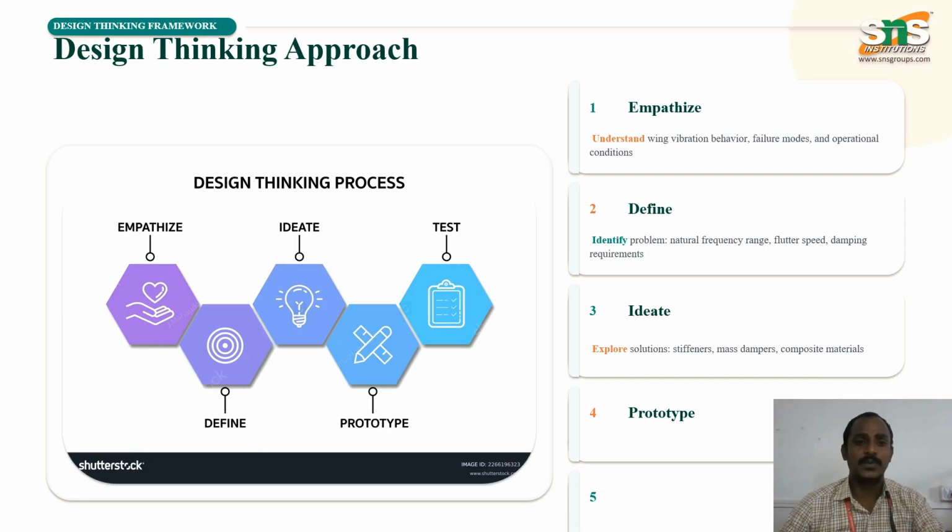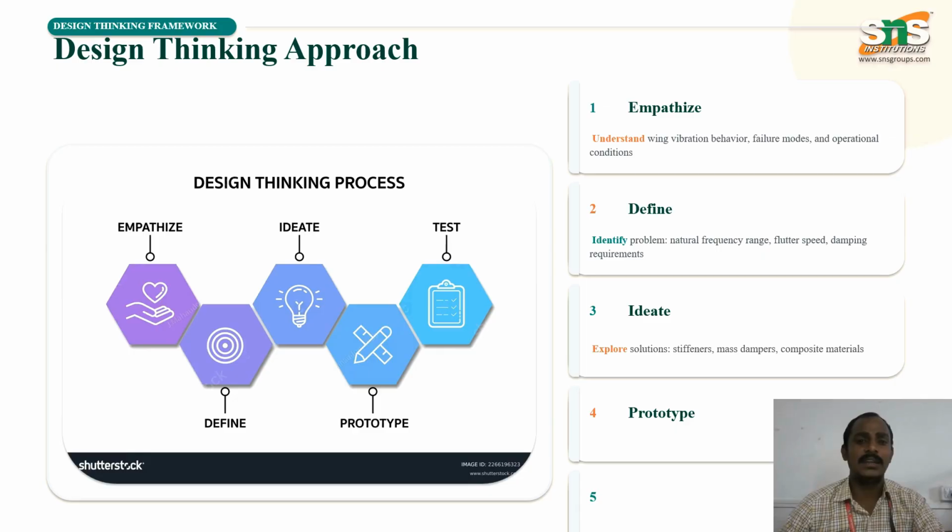Coming to the design thinking approach, modern aerospace engineering increasingly adopts design thinking principles. The first stage is empathizing with the problem and understanding how vibration is created, the conditions, pilot requirements and possible failure mechanisms in various locations of the aircraft, especially engines, wings and the landing gear. Next comes define, identifying the natural frequency, flutter limitations and the damping needs.